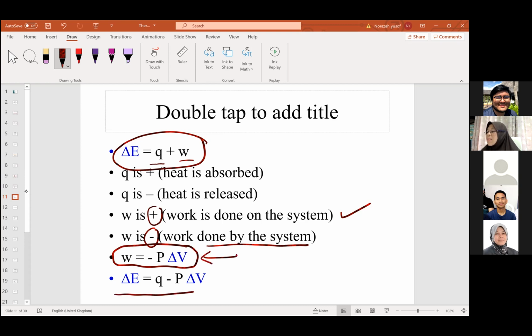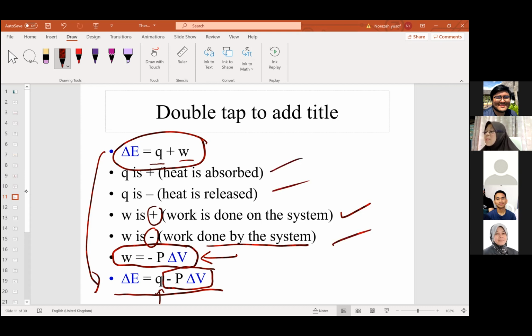So you can see that from Q plus W, we can change the formula now. Delta E, the change in internal energy, is Q heat plus this one. Do not worry about the negative or positive sign, because it will change throughout the question or scenario, depending on the situation.